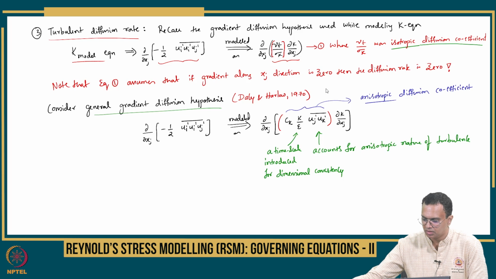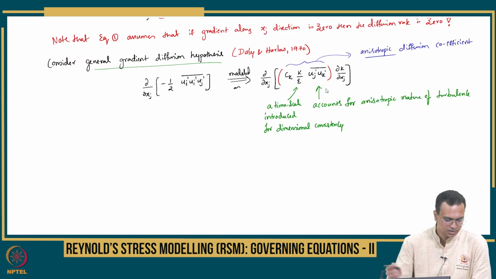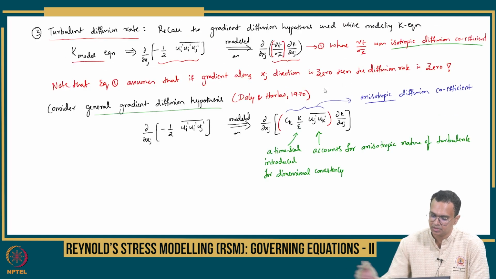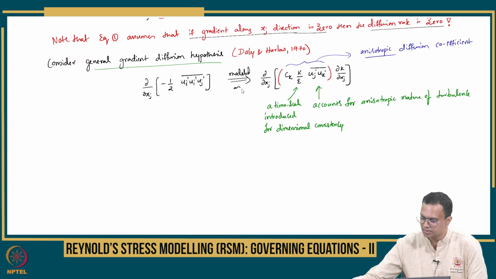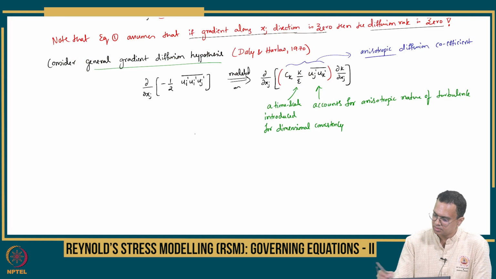One can do this. Now we will use the same idea to model the turbulent diffusion rate of the Reynolds stresses. Before that we have to justify, right? We just said that the diffusion goes to 0 if the gradient along xj is 0. Now you see how this saves it. In the j direction, wait, there is a change here.